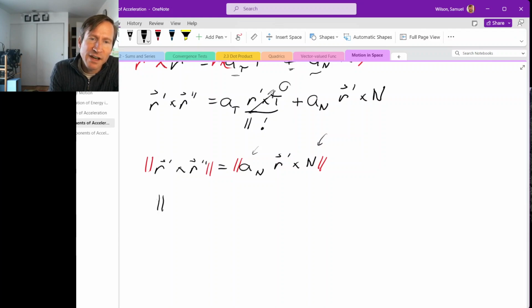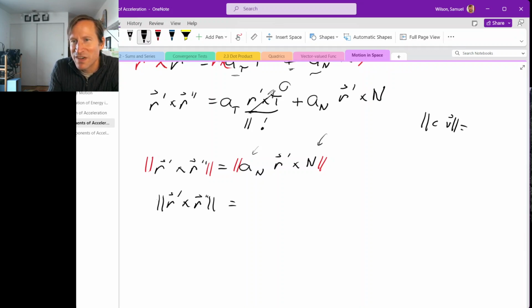So on the left-hand side, we get the magnitude of r prime cross r double prime. On the right-hand side, if you're taking the magnitude of a constant times a vector, that is the absolute value of the constant times the magnitude of the vector, right?